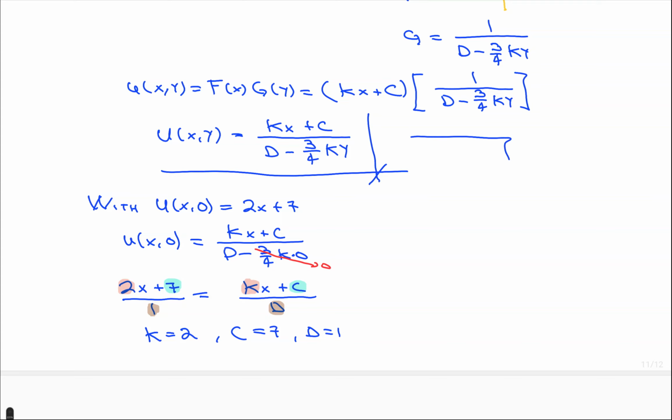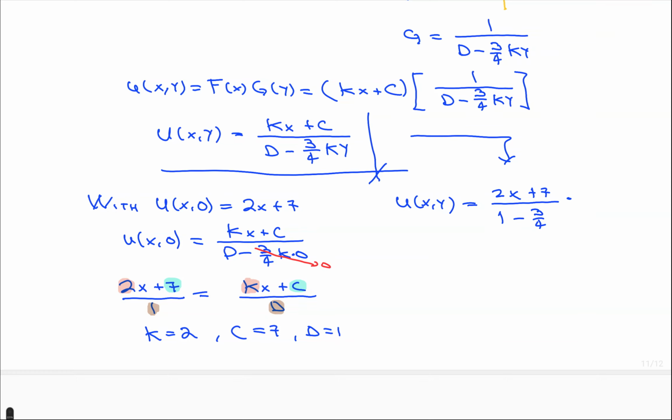All right, so we may go ahead and write the particular solution. Finally, u of x, y, this time not t, equals k, which is 2, x plus c, which is 7, and then divide everything by d, which happens to be 1, minus 3 fourths k, which is 2, y.